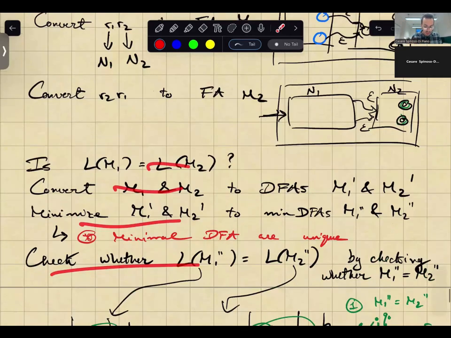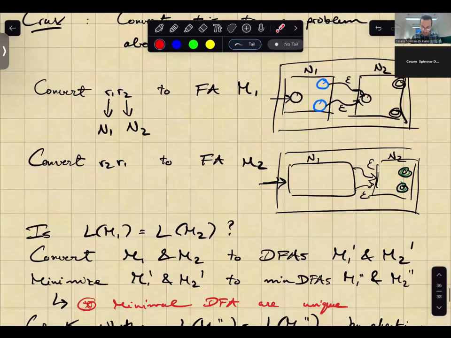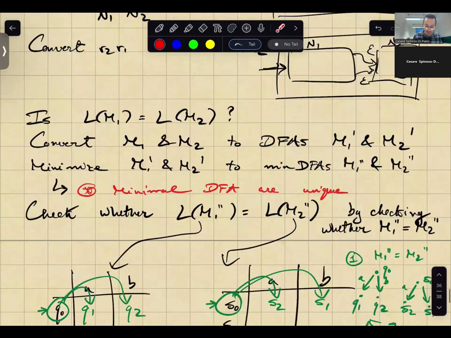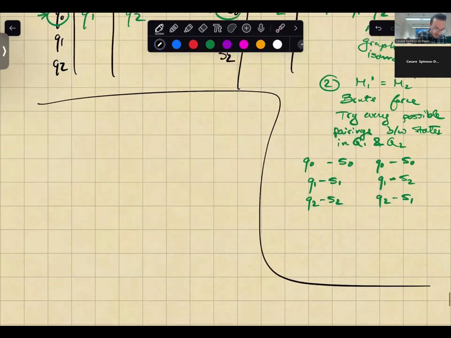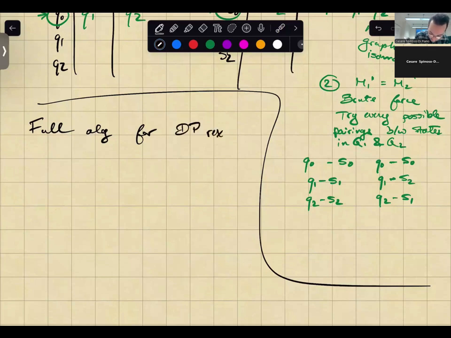Now, the last thing I'm going to do is put these all together, omitting some of the detail because I've explained it here, right? So the full algorithm for the decision problem Regex equivalent, which as a reminder is, R1R2 equivalent to R2R1.